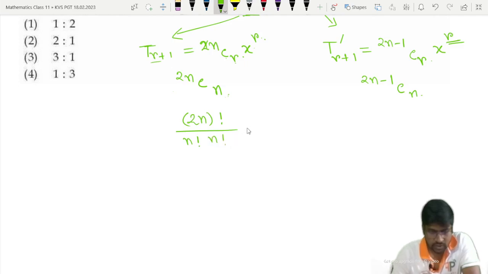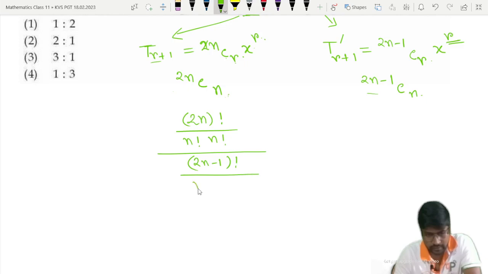Okay, the ratio we have to find, divided by this term, that will give us 2n minus 1 factorial divided by n factorial into n minus 1 factorial. Okay, this is the ratio.